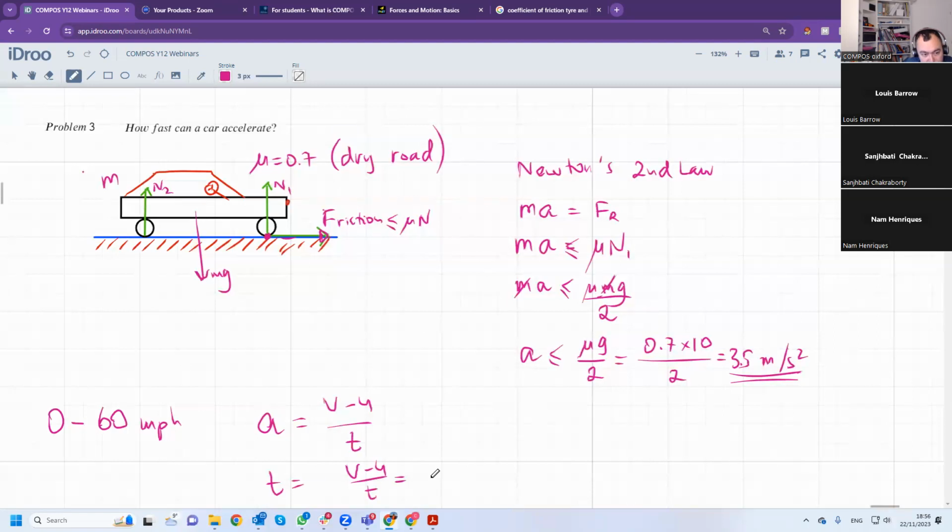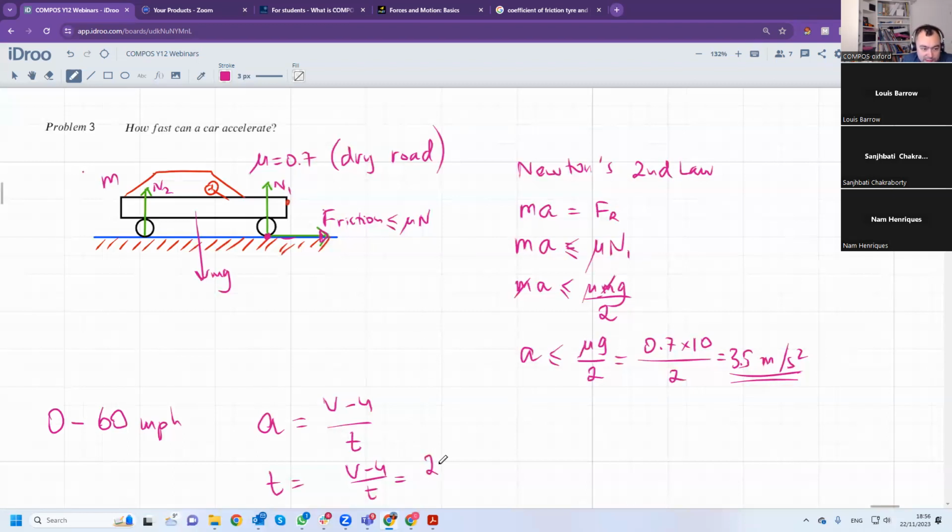Let's say 60 miles an hour. So that's 96 kilometers per hour, 96 divided by 3.6. That's 27 meters a second.